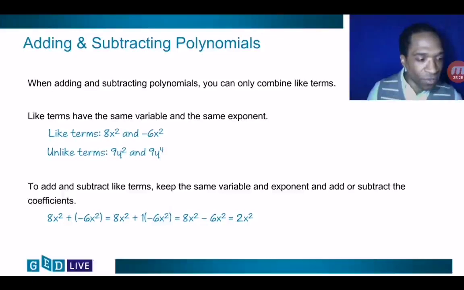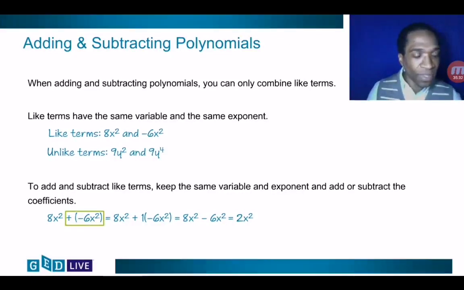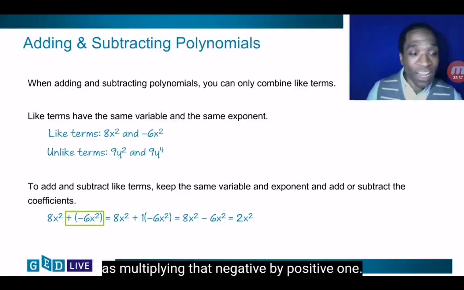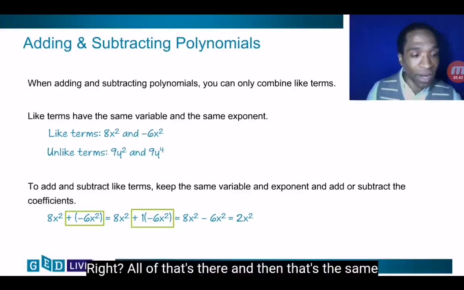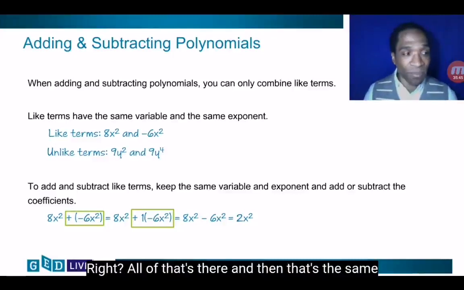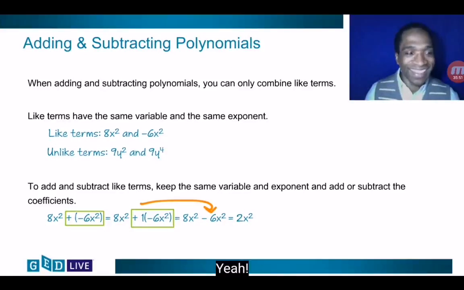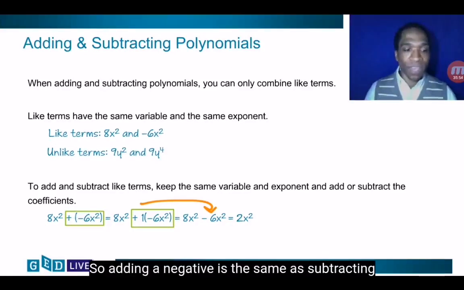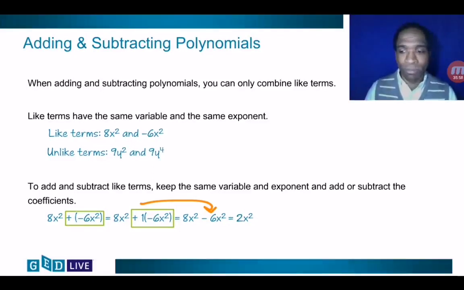Adding negative 6x squared is the same as multiplying that negative by +1. Right? So all of that's there. And then that's the same as subtracting. Yeah. So adding a negative is the same as subtracting a positive, or just subtracting the term.